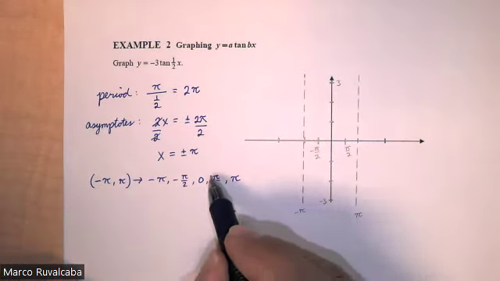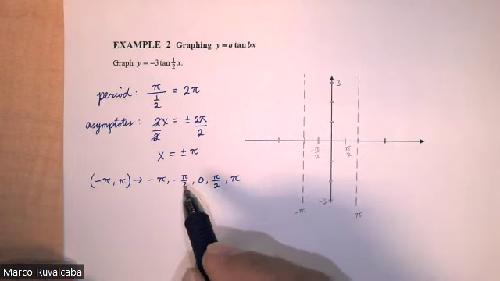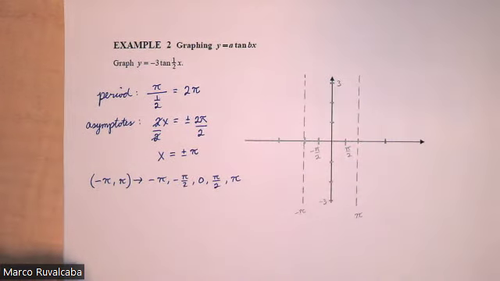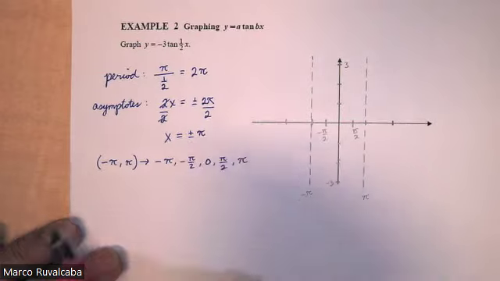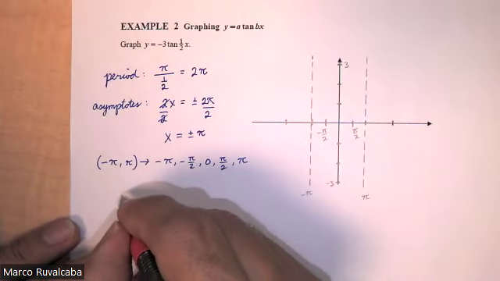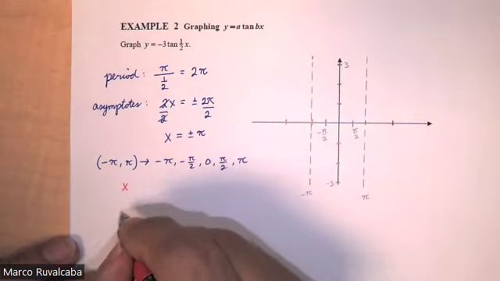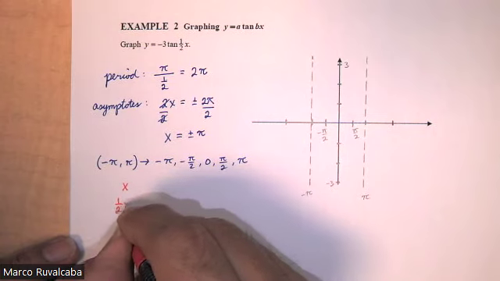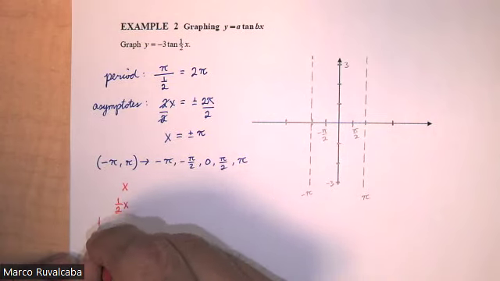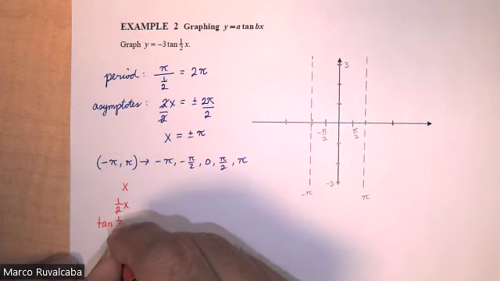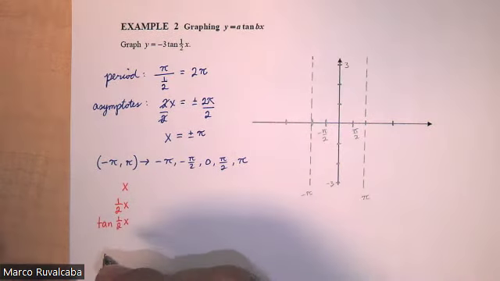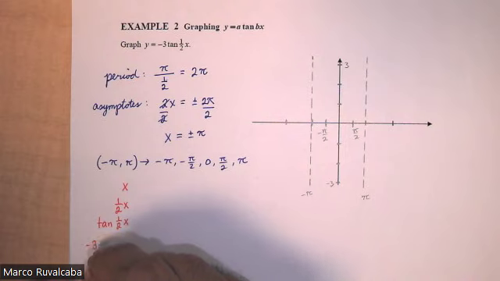And so for those three in the middle, we're going to find the function value that's equivalent to those. And so we're going to go like this. We're going to say x, and then 1/2 x, and then take the tangent of that, and then multiply it by -3.